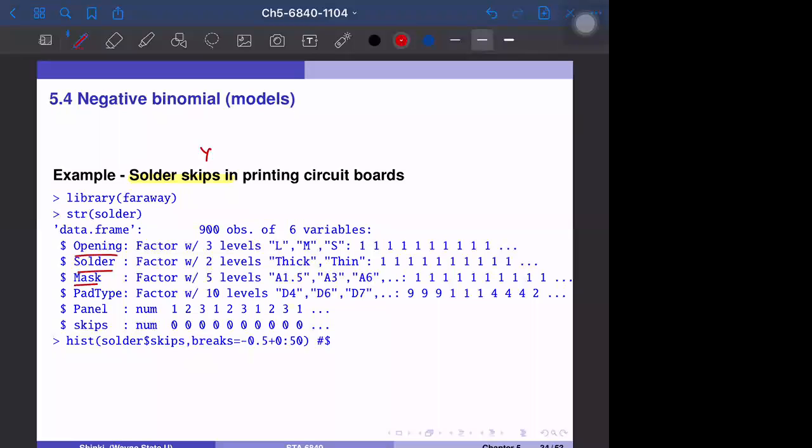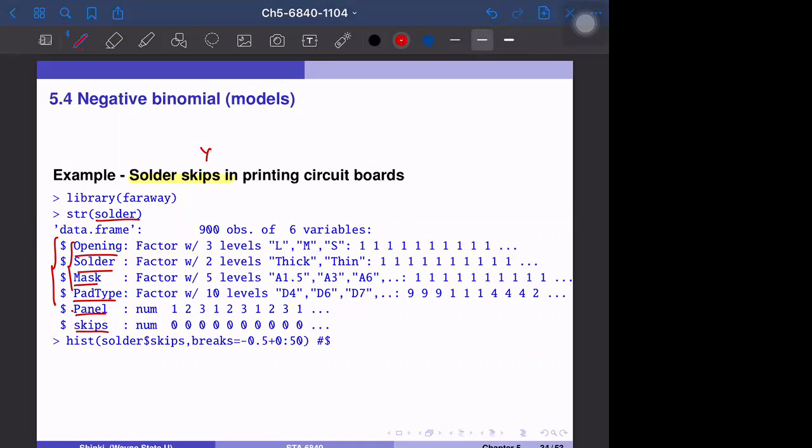You can see the exact definition of these variables in the help of the solder dataset in the faraway library. So we have basically 4 categorical variables and a numeric variable to explain these skips.